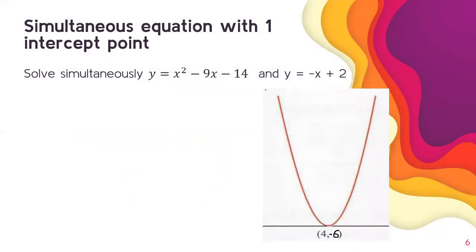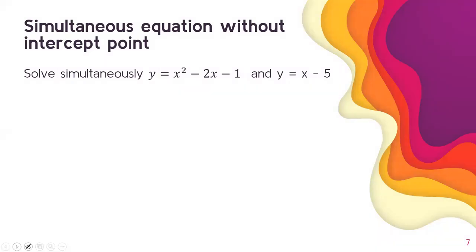Let me see this one. Okay, 4.6, the intercept point. Okay, let's move to the next slides regarding these equations. y equals x squared minus 2x minus 1 and y equals x minus 5.